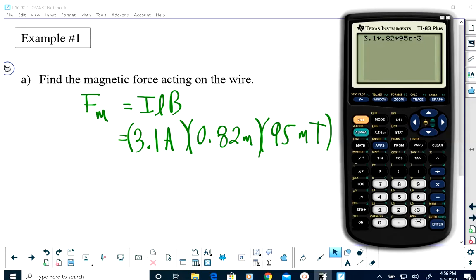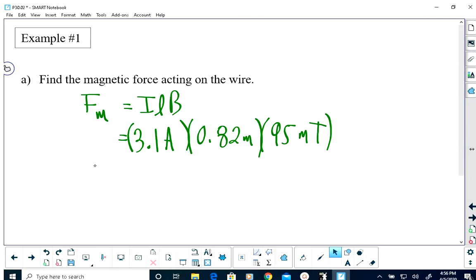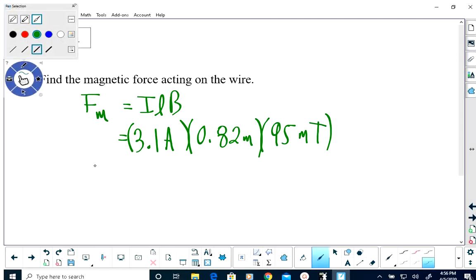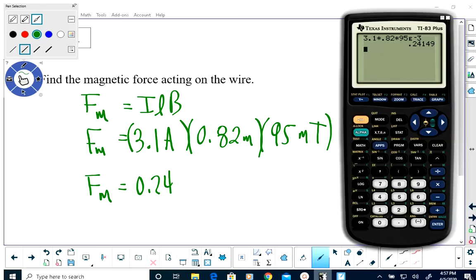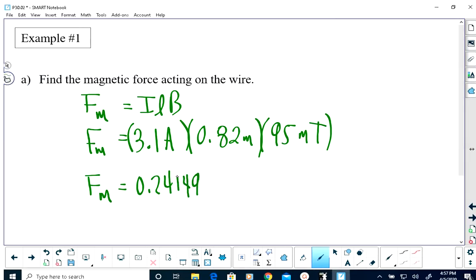So I have 3.1 amps, I have 0.82 meters, and then I have 95 multiplied by 10 to the negative 3, which gives us a magnetic force that has a magnitude of 0.24149 newtons. Now we're not done here because you're asked to determine the magnetic force, but magnetic force is a vector, so we need to determine the direction of that magnetic force.